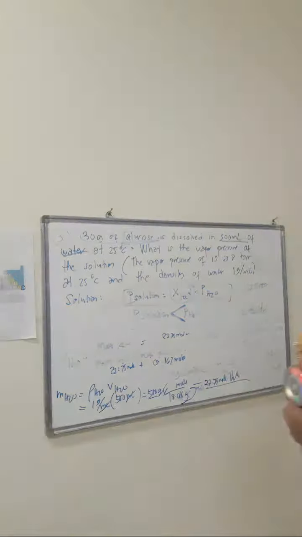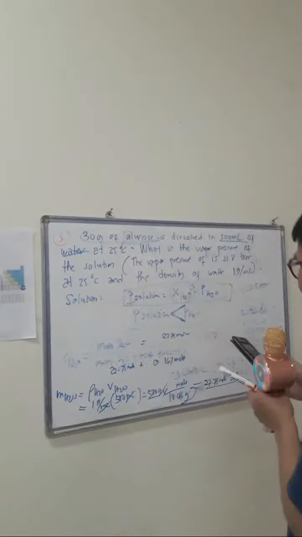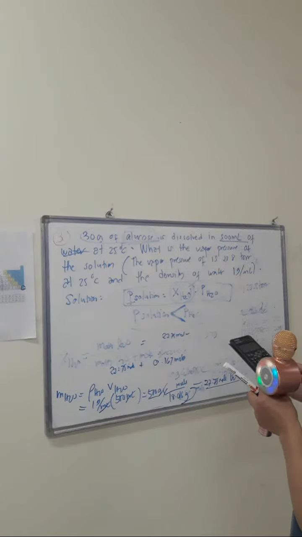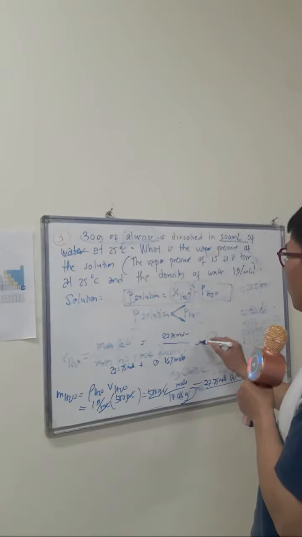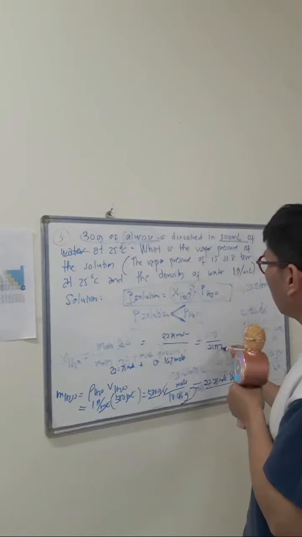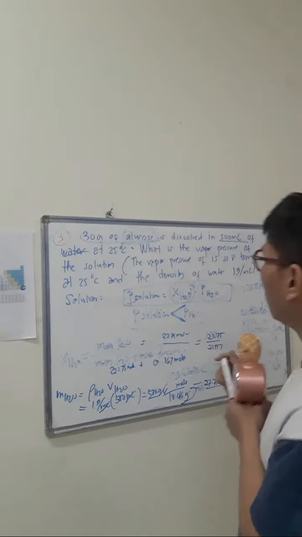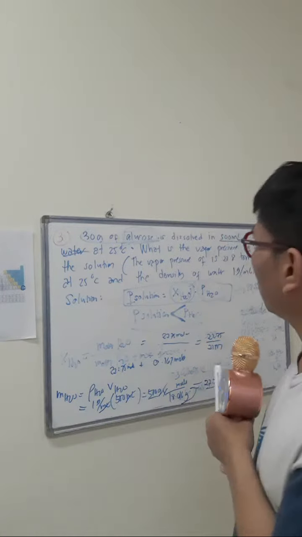I erased that because the space in my whiteboard is very limited, I cannot expand my writings. Okay, 0.167 plus 27.75 is 27.917. Then we will divide to get the mole fraction.